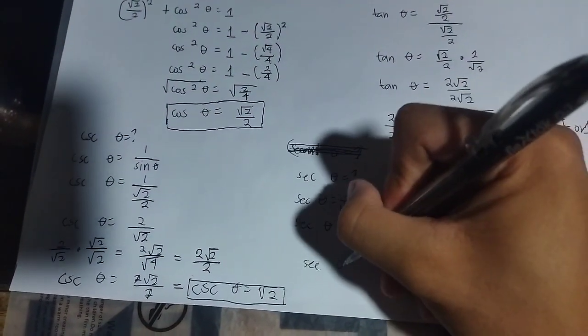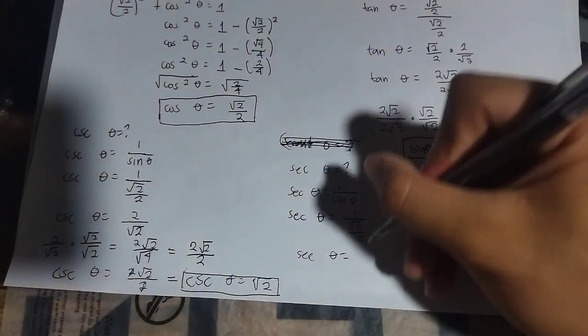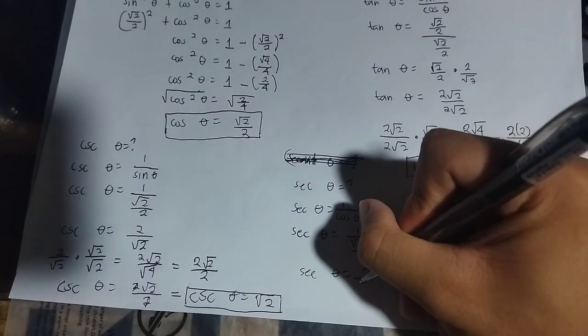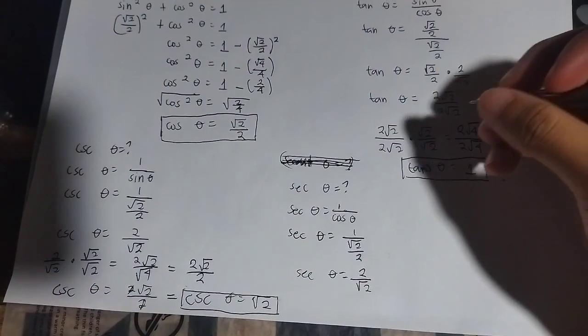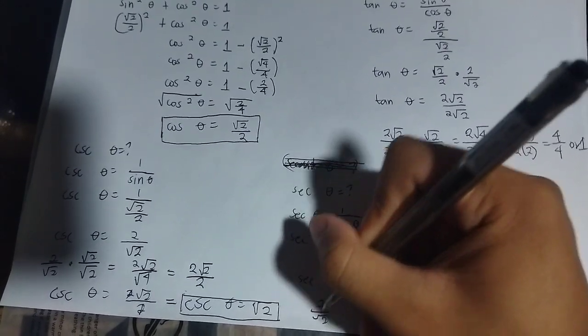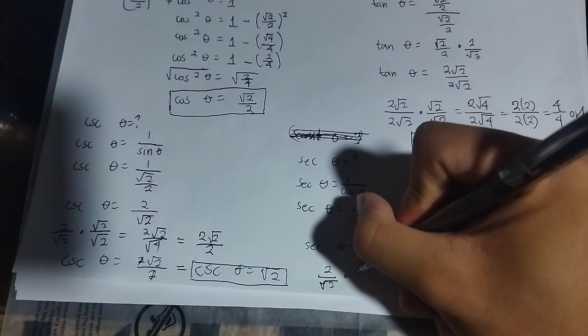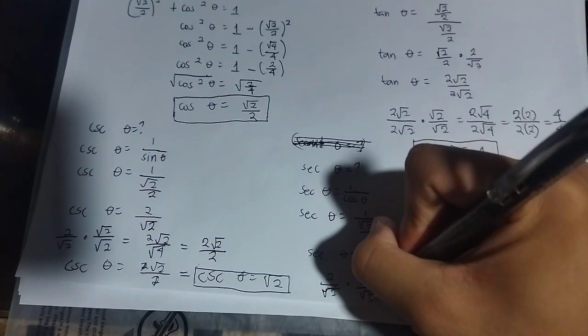Then copy. So we have 2 over square root of 2. Then rationalize. So we have 2 over square root of 2 multiplied by square root of 2 over square root of 2.